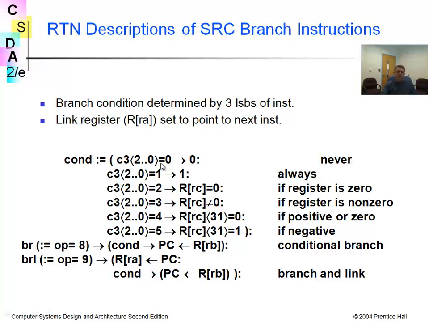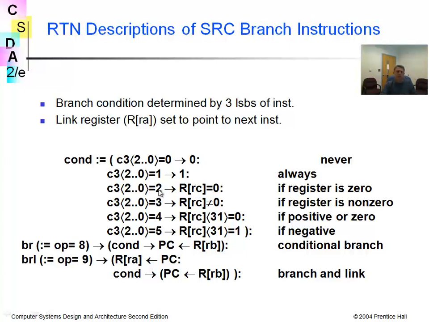In the C3 field, we look at the least significant 3 bits. If it is equal to 0, never jump, or never branch. If it is equal to 1, we say always jump. This is equivalent to go-to statements in the C language.